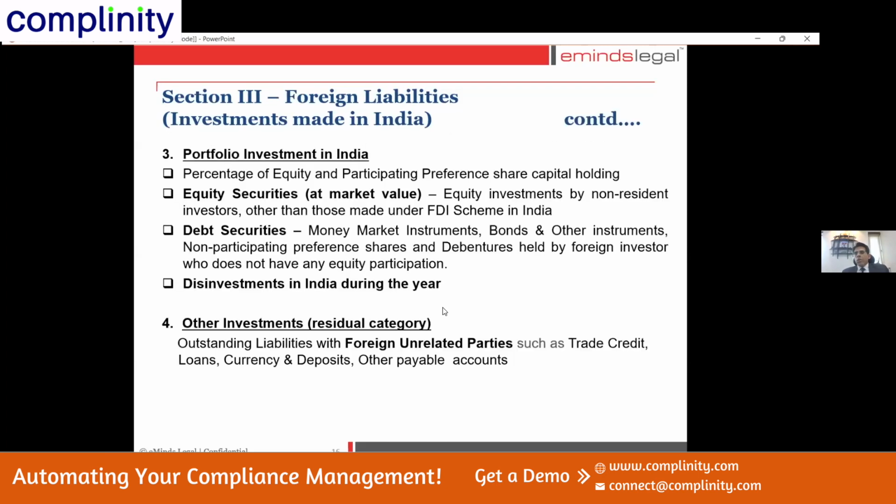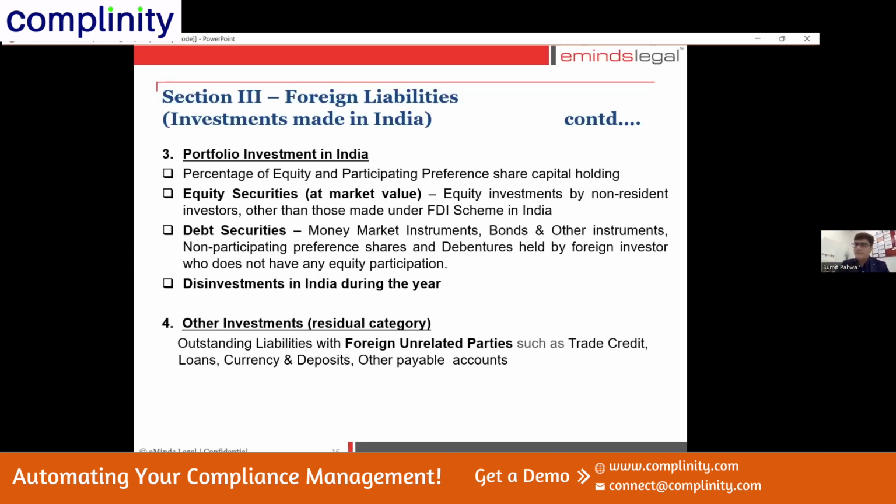But if there is no equity participation, meaning no equity or participating preference share, this may be a case of CCPS or CCDs also. One might think CCPS is capital, why not cover it in the capital part? But if your CCPS are non-participating, then you have to mention this investment in the debt securities as non-participating preference shares. So this is a very confusing point, but I just wanted to clarify that part.